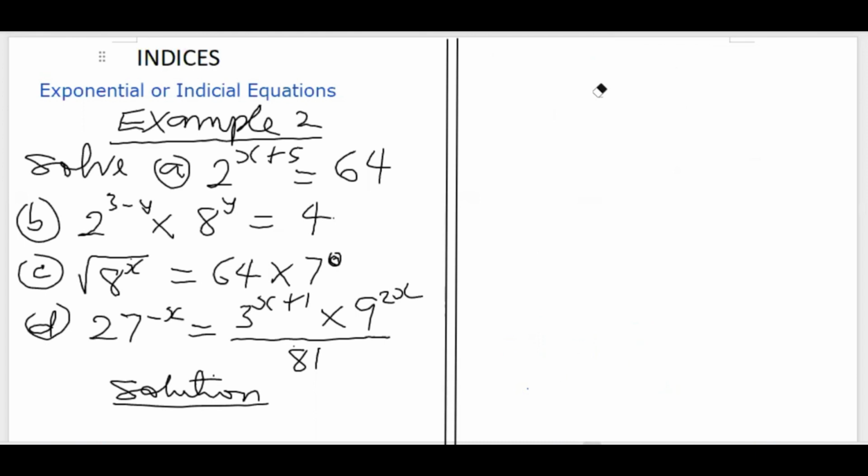The B part says 2 to the power of 3 minus y times 8 to the power of y equals 4. Express each of them first to the same base.